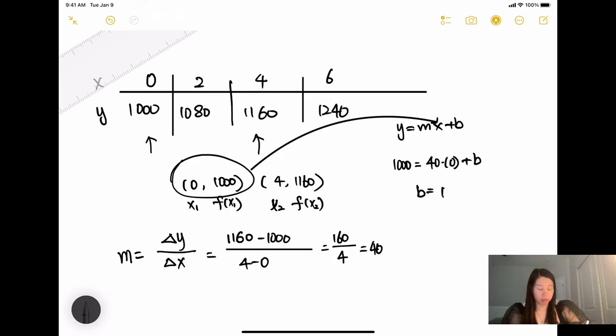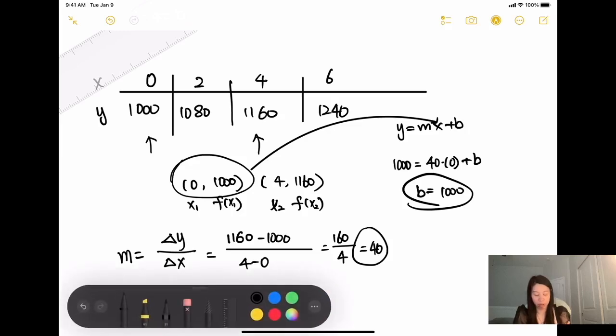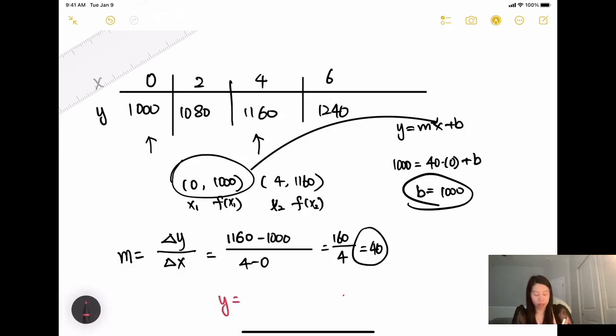So b is equal to 1000. Combining these two, b equals 1000 and m equals 40, we have our linear equation, y equals 40x plus 1000.